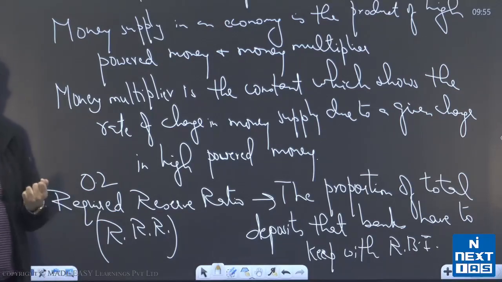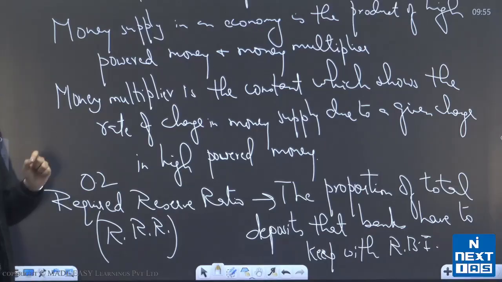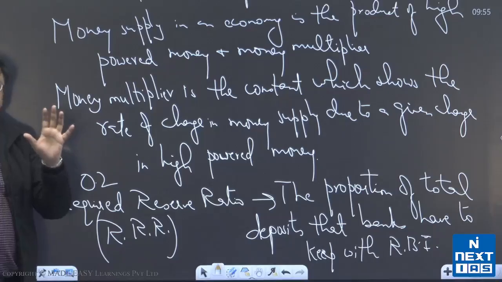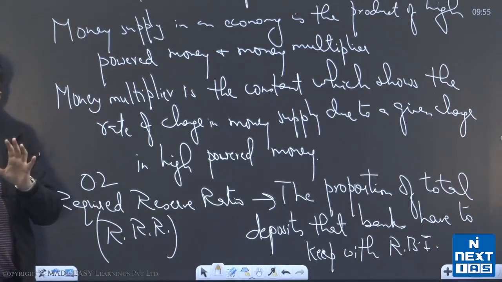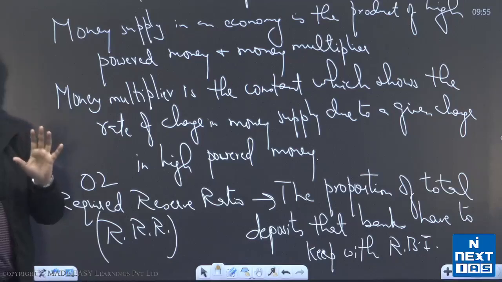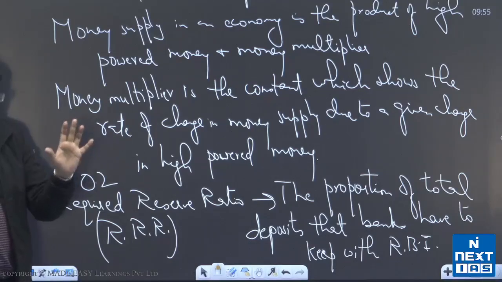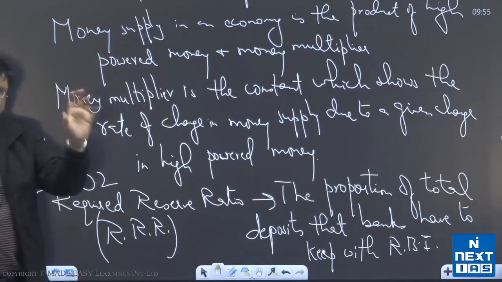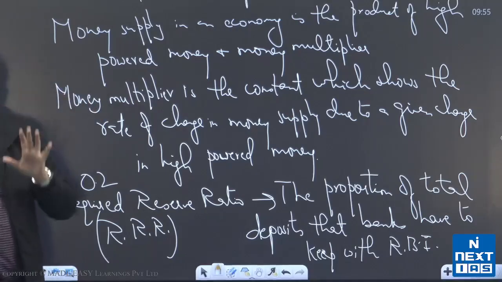What is the method? Suppose RBI creates 100 rupees and puts it into the account of an individual called A in a bank X. RBI creates 100 rupees, puts it in this account.